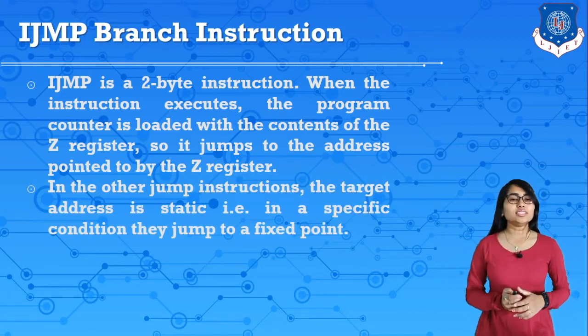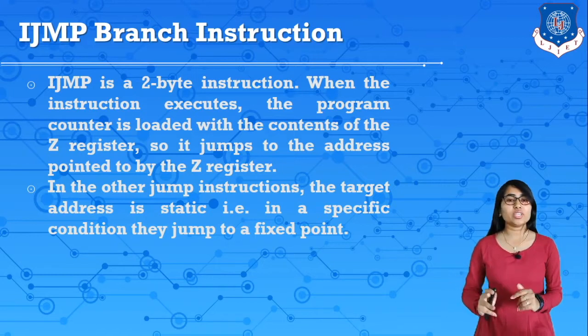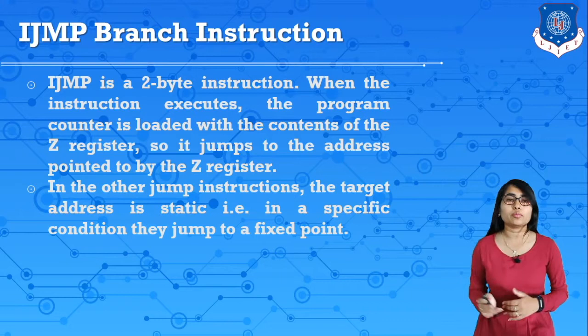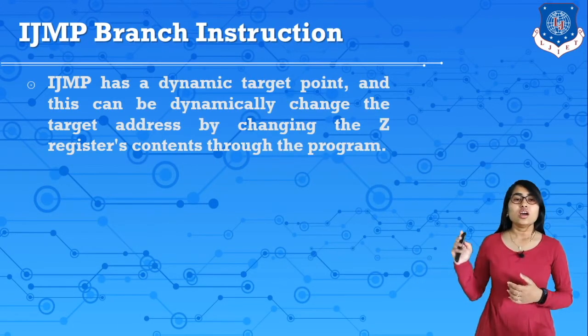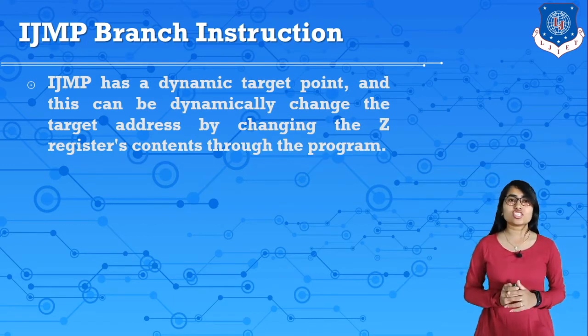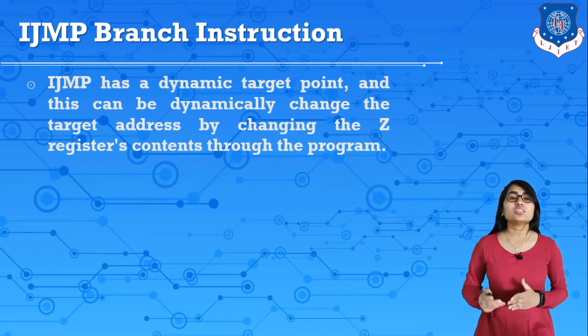In the other jump instructions, the target address is static, that means under specific conditions they jump to a fixed point, but the IJMP instruction is basically a dynamic target point instruction. The target address can be dynamically changed by changing the Z register's content through the program.